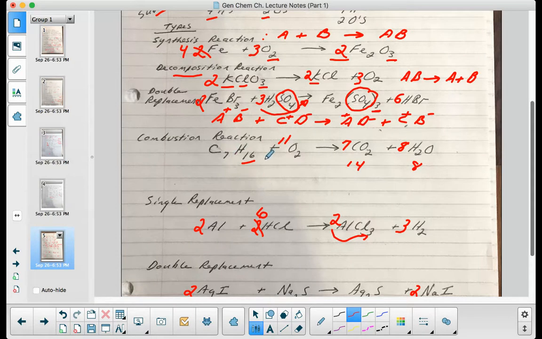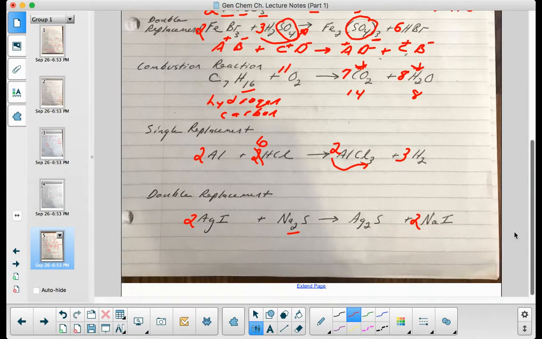And then the combustion reaction is always a hydrocarbon reacting with oxygen, and the hydrocarbon reacting with oxygen always produces carbon dioxide and water. And that's just a fact you need to know.